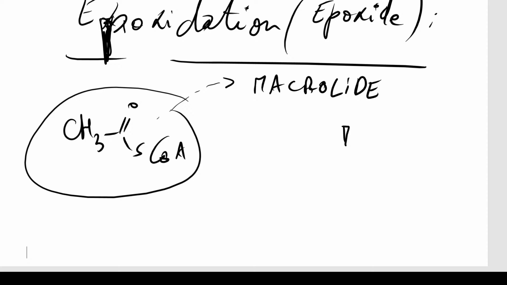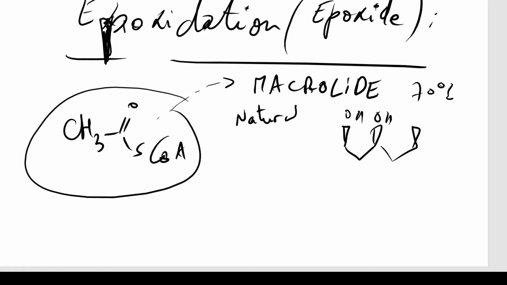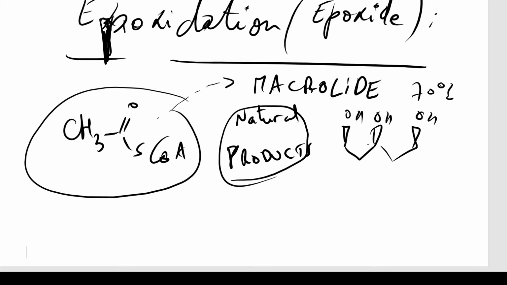Like when you see an OH motif like this, maybe 70% of natural products have this type of motif, because it's like addition elimination in series, and this is a building block used by nature.